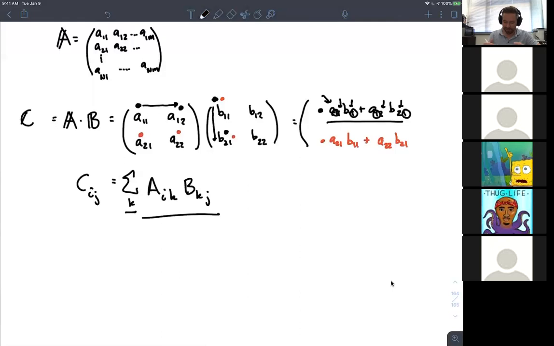That is how you write down the elements of a product matrix in terms of the two elements that you're multiplying together, with this sum.